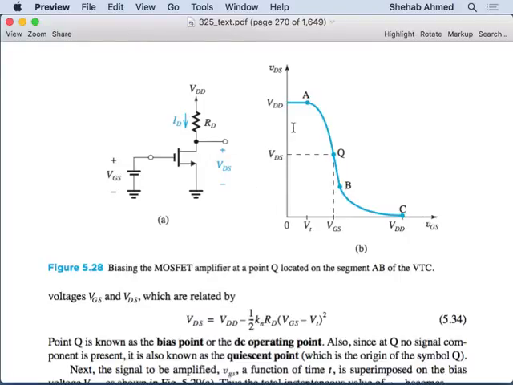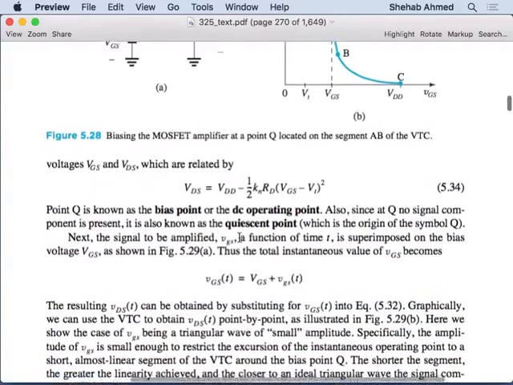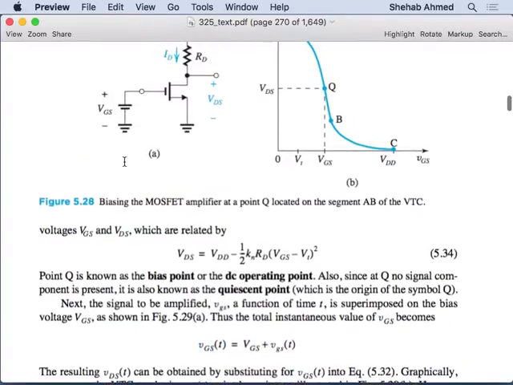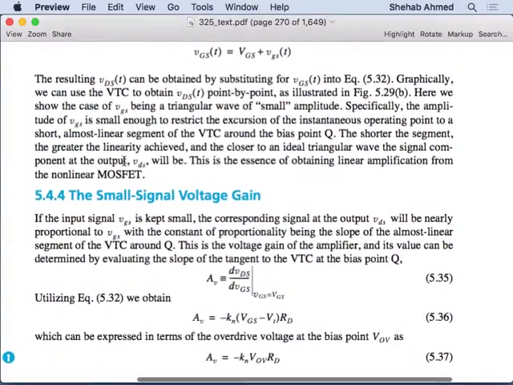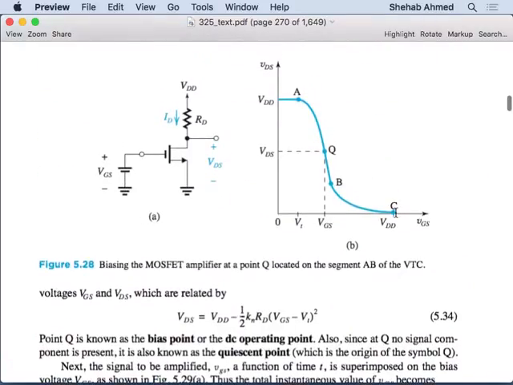So they talk about that here, which we discussed, and then they talk about, okay, now we want to look at small signal. How do you add a small signal? We add a small signal that's going to be in series with my DC source, my DC bias point, or DC operating point. What is the gain of that small signal? This is my voltage transfer characteristic.